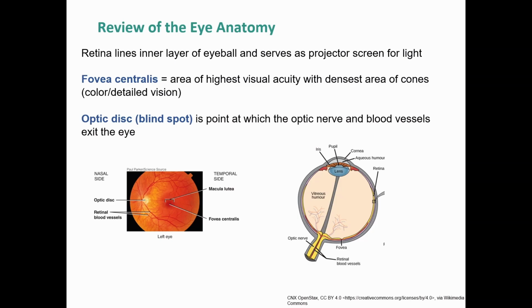And since there's no rods or cones, there's no visual input, right? And we can actually test for the blind spot to find it. We just have to basically have a blank piece of paper, draw a dot on it, cover one eye, and then move that dot around towards your eye until it disappears.